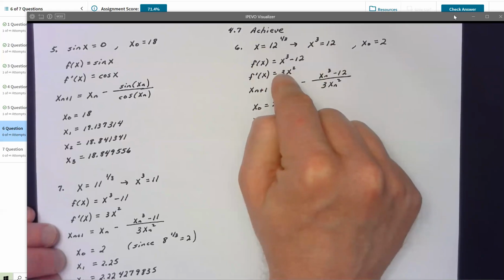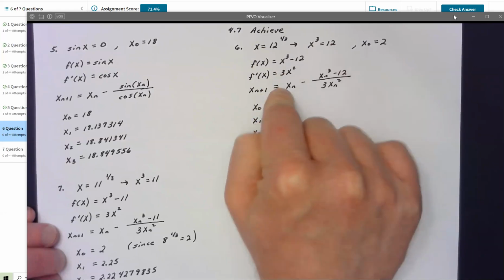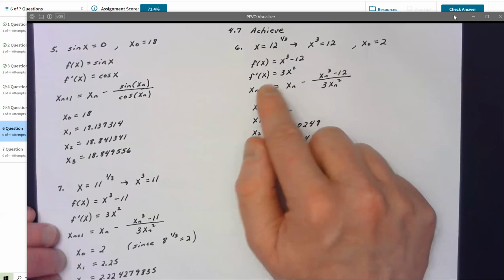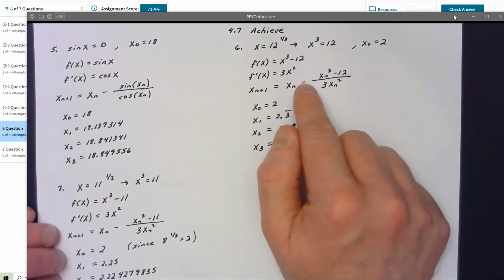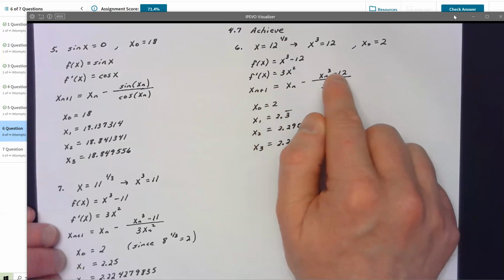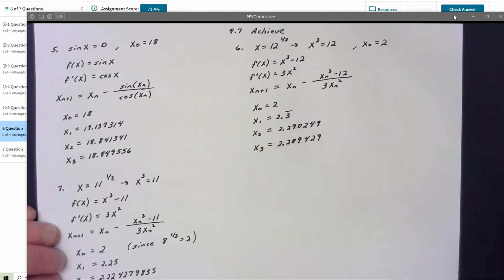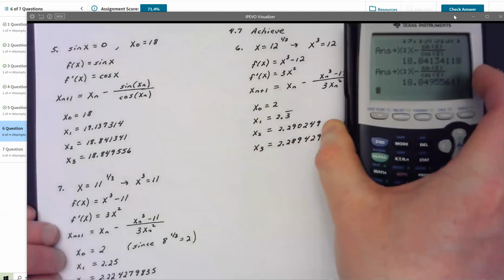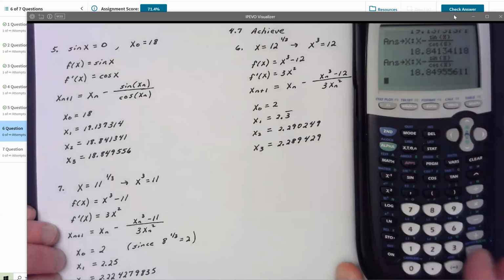I take the derivative to get my 3x squared. Newton's method is going to be the successive guess is the previous guess minus the function evaluated at the previous guess divided by the derivative evaluated at the previous guess. I bring in the calculator here to help out with that, and I can say, well, my initial guess in this problem according to the website was 2, so I get that entered in.